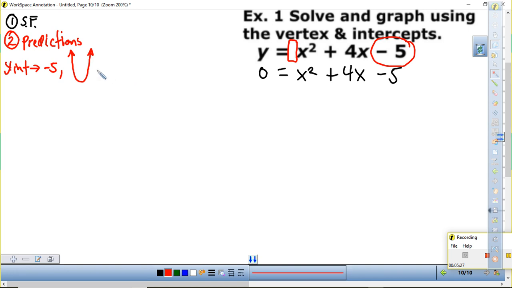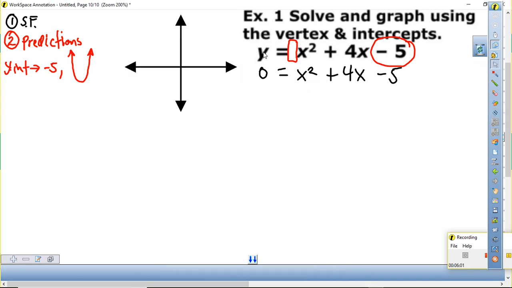The other thing that I can predict is how many solutions I can get. Now, some of you are like, what do you mean, Mr. Q? Well, let me illustrate. When we graphed our quadratic equations, check this out. Some look like this. Tell your neighbor how many solutions there are. 2, because there are 2 x-intercepts.